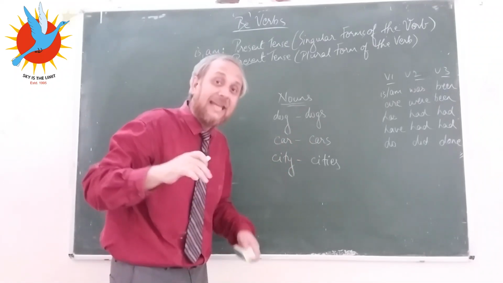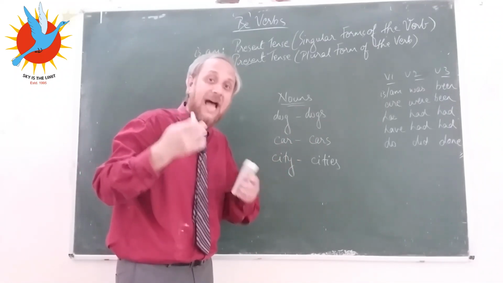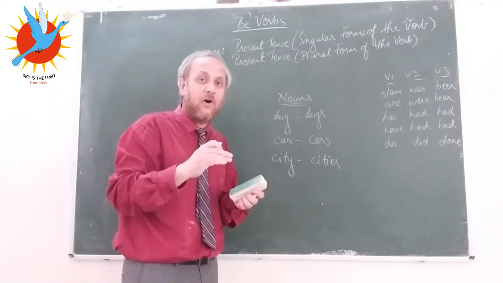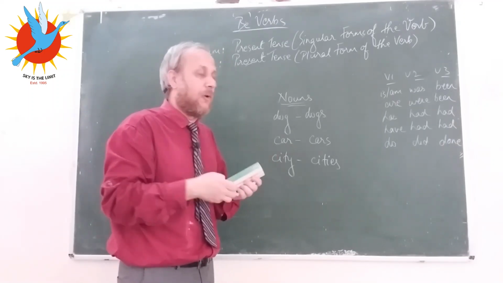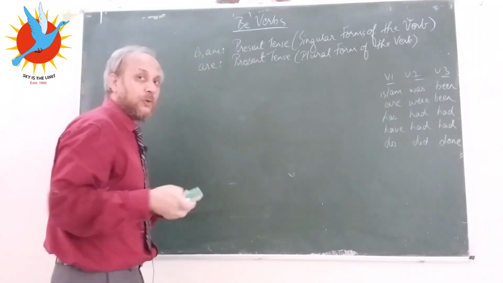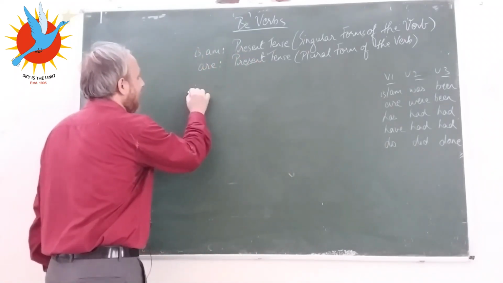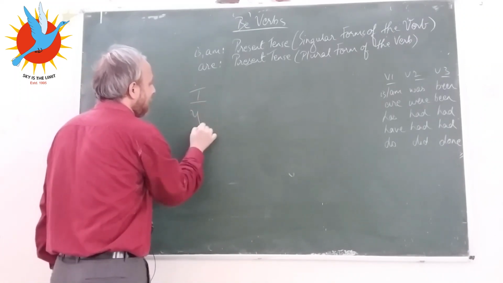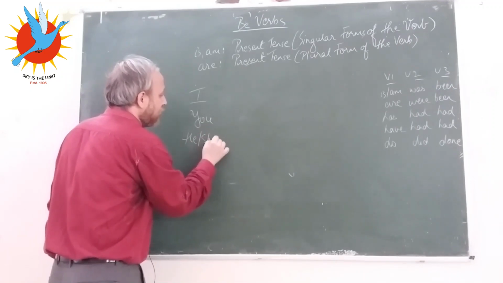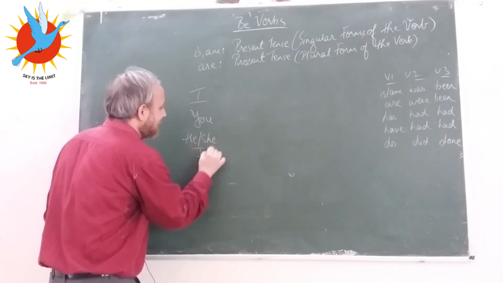Like nouns, verbs too have two forms, the singular form as well as the plural form. So let's see how it works. I will use subject pronouns like I, you, and he, she, and it.